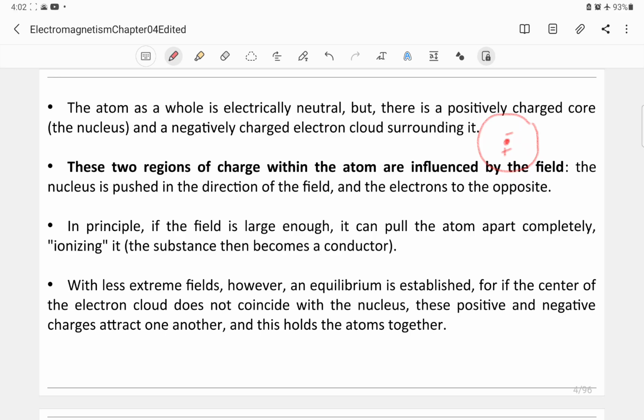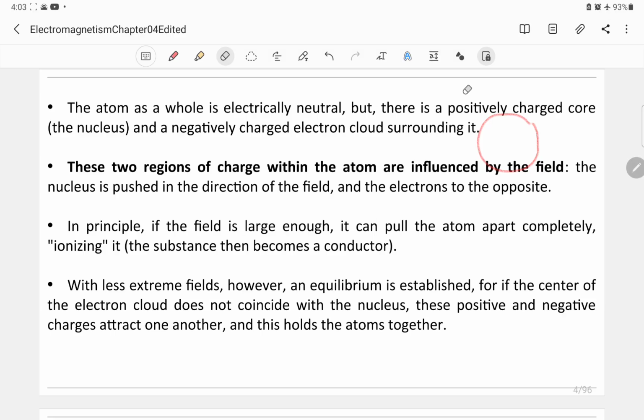So when you apply an electric field, the center of the electron cloud and the nucleus separate.